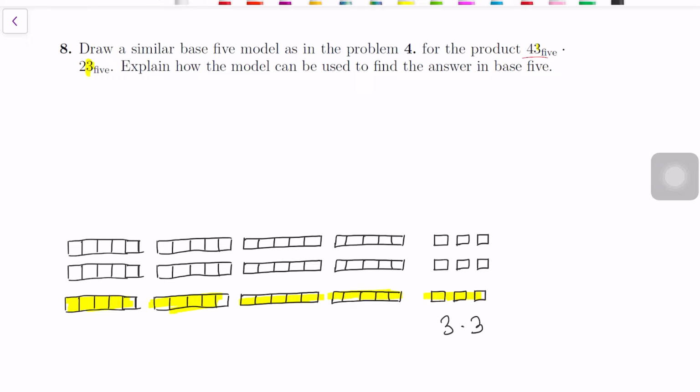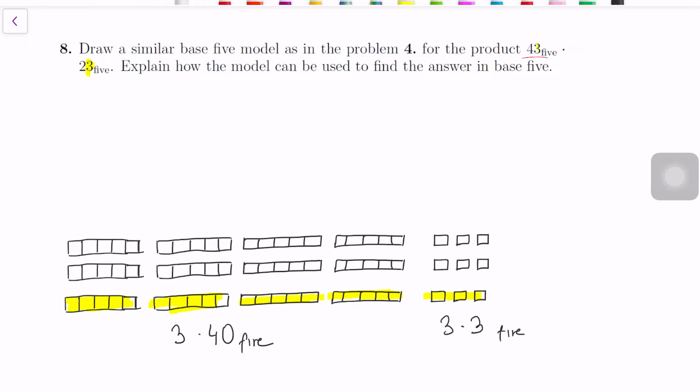I'm not gonna write it, but remember that's all in base 5. This one here, we multiply by 40, so that's 3 times 40 in base 5. Okay, so we created 3 copies of longs and 3 copies of units.